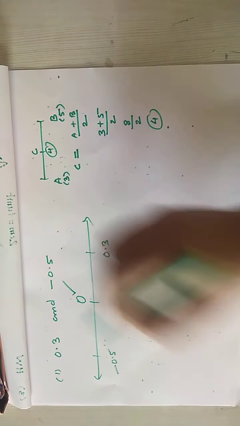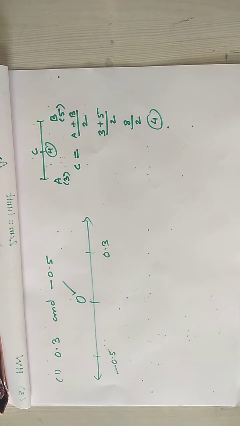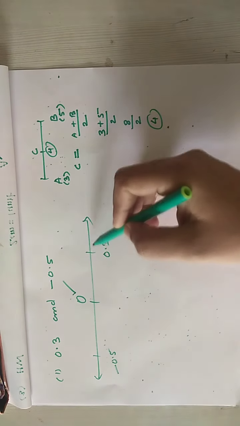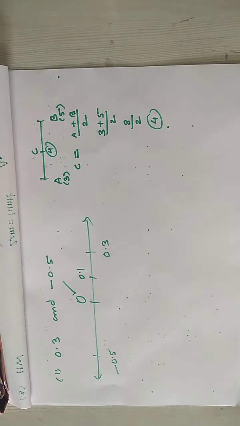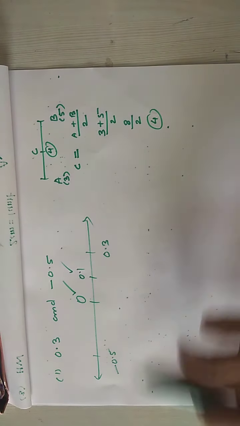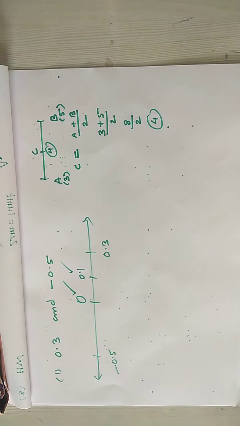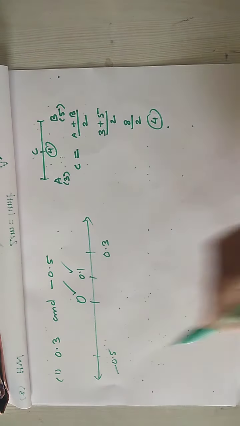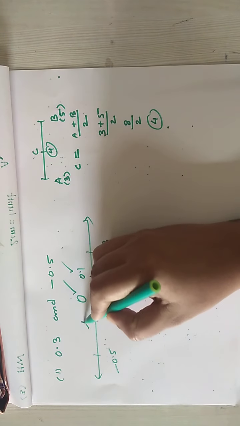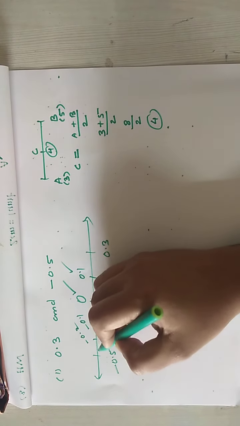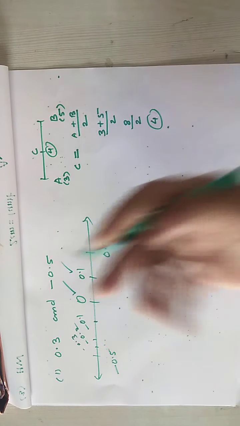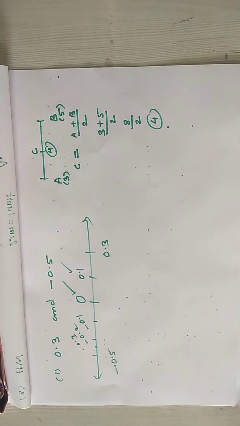So you have one rational number over here. Then in between 0 and 0.3 you might have 0.1. So you have another rational number between them. And in between 0 and minus 0.5 you might have minus 0.1 or minus 0.2 or minus 0.3 and so on. So many numbers are there to be listed.